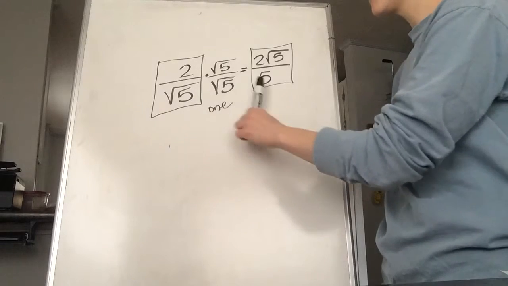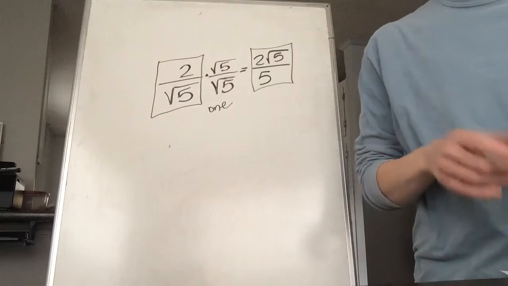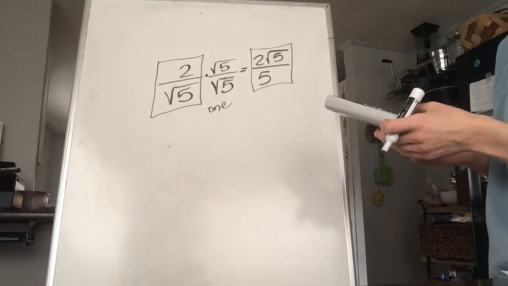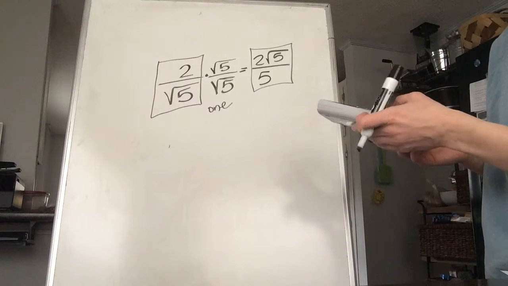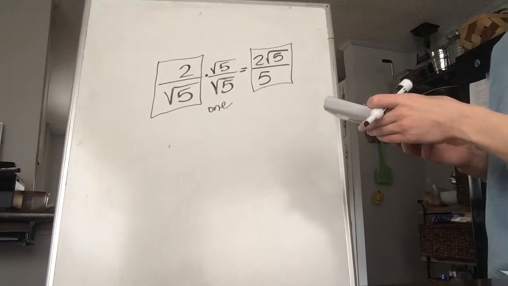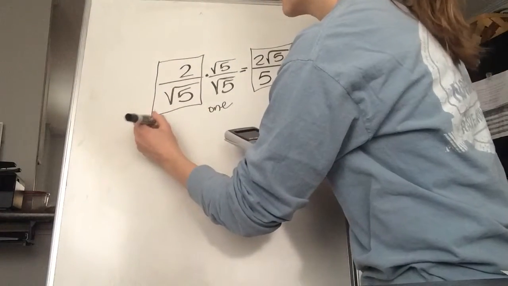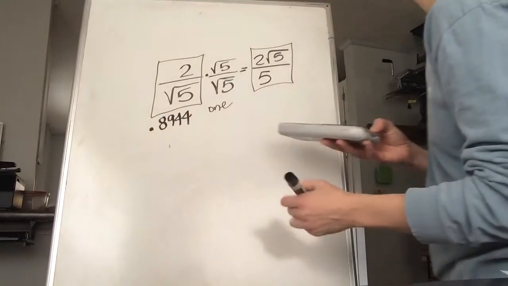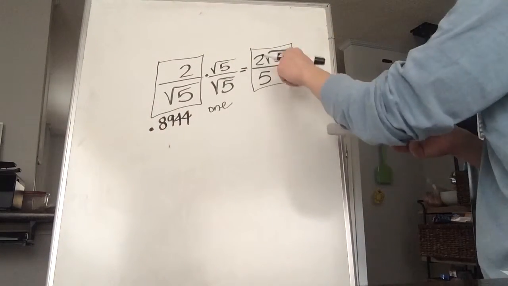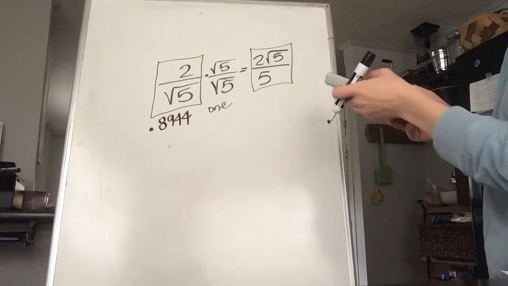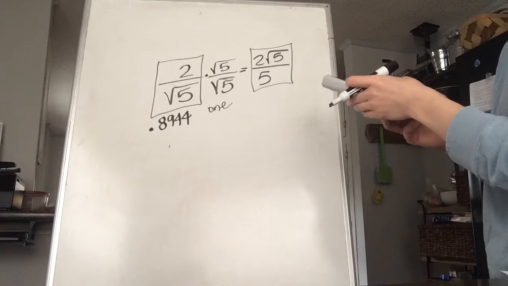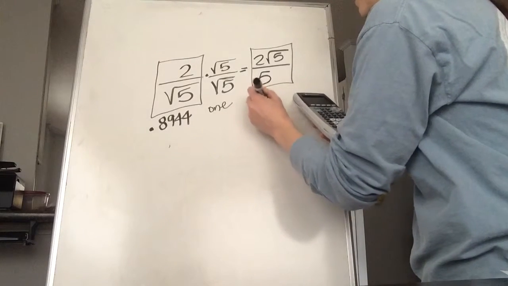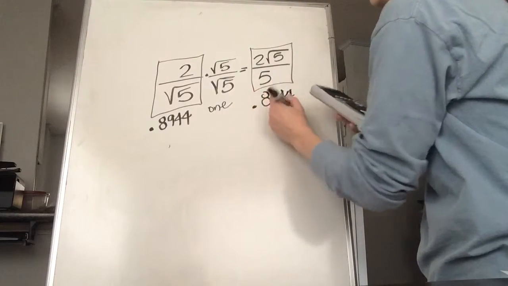Now, this does not look anything like this, but if you get your calculator and you say 2 divided by the square root of 5, this comes out to be 0.8944. Then if you take 2 times the square root of 5, and then you divide that by 5, it comes out to 0.8944.